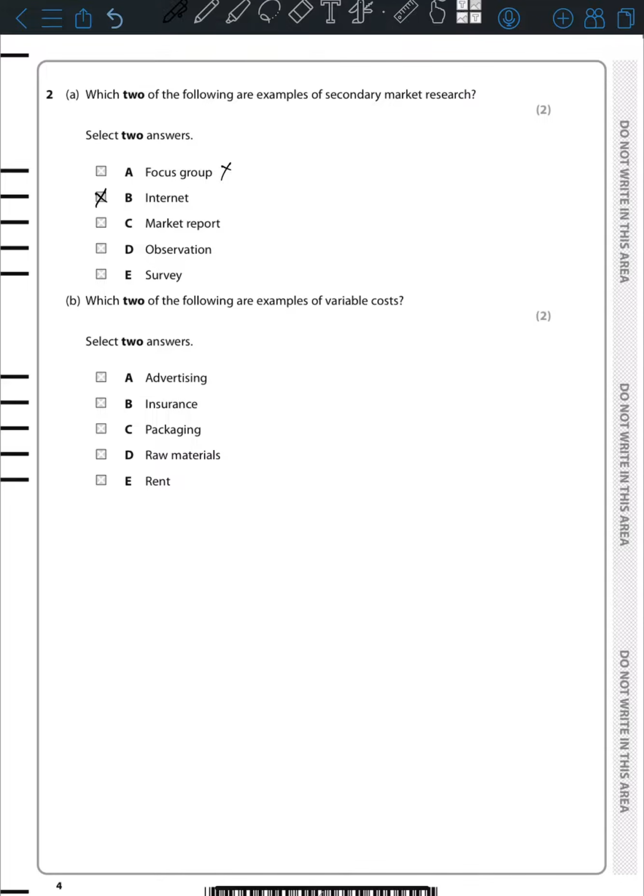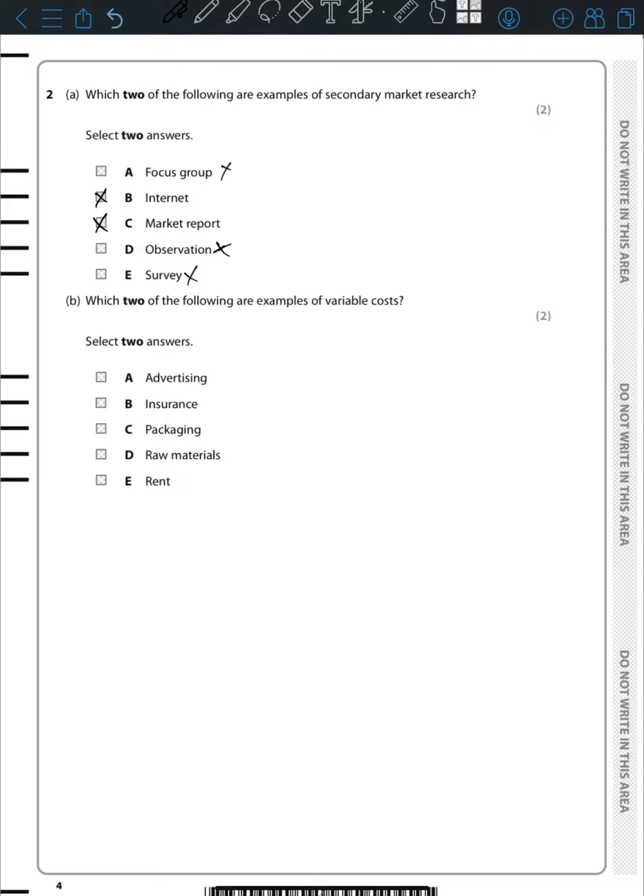The third one is market report. Let's go by the fourth and fifth one first. Observation seems like primary market research because I'm going to observe people's behavior for the first time, so that's primary. Survey is also not correct because survey is the most basic form of primary market research, so that leaves us with market report.